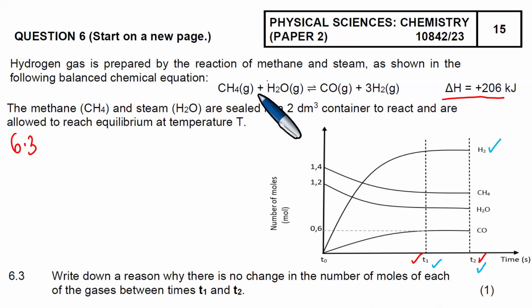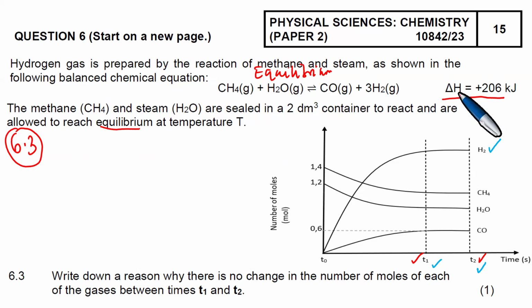Why? Because we are studying a reaction that is in equilibrium. How do we see that this reaction is in equilibrium? It proceeds in both forward and reverse directions. And this reaction is allowed to reach equilibrium at a temperature T. We know that when we study reactions in equilibrium, something is very important.